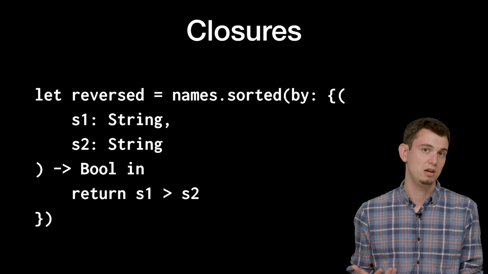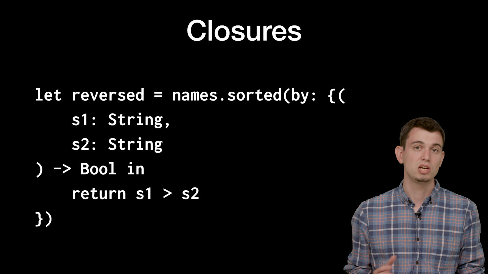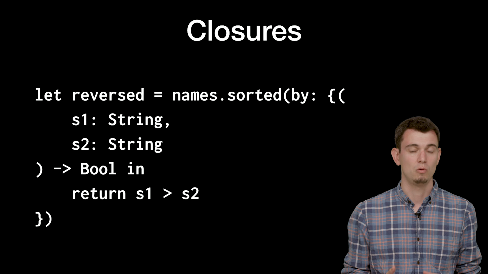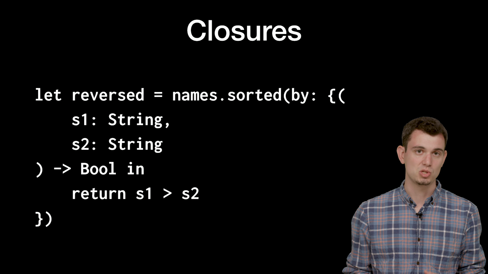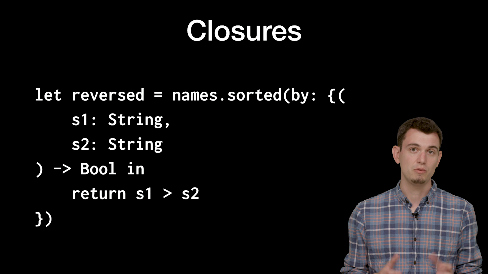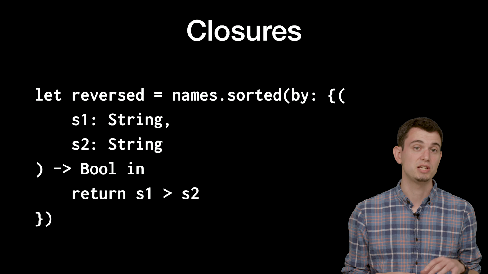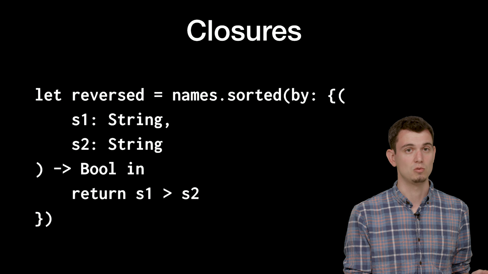There's a method on our list of strings called sorted. And it's going to take one parameter, which is a closure. To walk you through this syntax, we have this open brace, and then we have this open parens. Inside of the parentheses is where we're going to define the parameters to our closure.